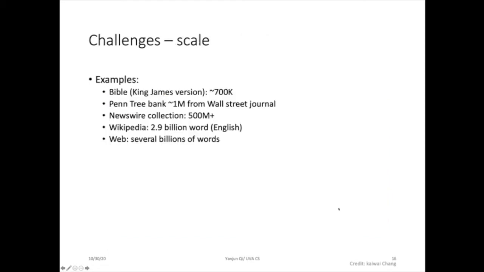And the next challenge is that natural language text data is huge. For example, if you analyze Bible data, it's about 700K. Treebank data, which is annotated, is about 1 million in size now. Most of the current training is on Wikipedia, about 3 billion words, maybe 20 million documents, or maybe hundreds of millions of documents.